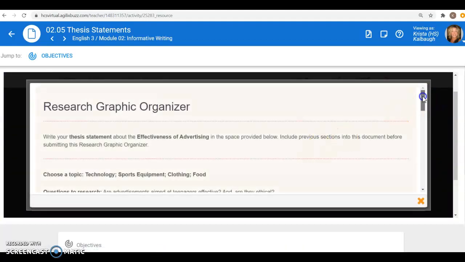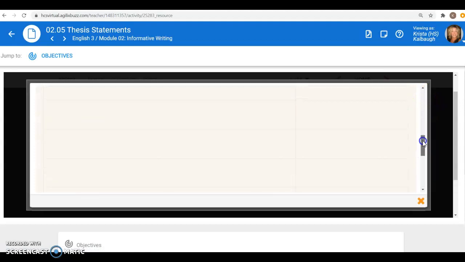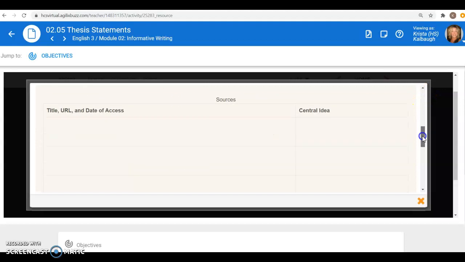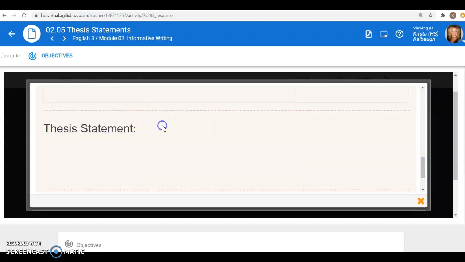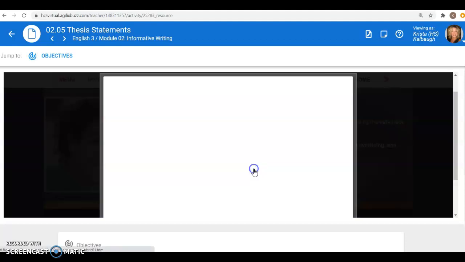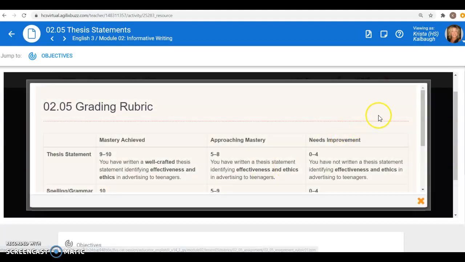If you already have this and you did it properly from 2.04, you are simply adding your thesis statement about the effectiveness of advertising to teens as well as the ethical part. Is it ethical? Don't forget that ethical part as well. Don't use I think, I feel, I believe. Keep I out of it. Just state it. It's stronger that way. So let's take a look at your grading rubric.